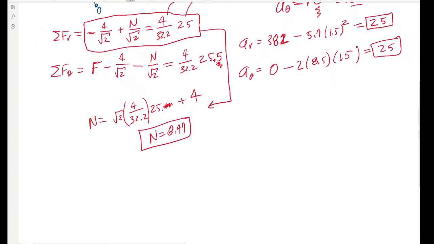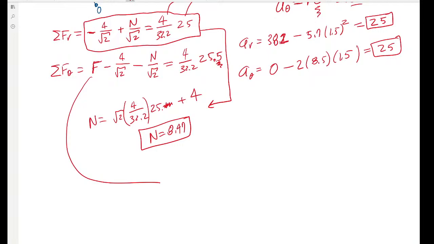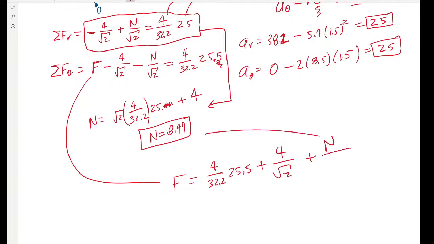Now that I have that, I should be able to grab this, move it to the other side. 4 over 32.2, 25.5, plus 4 over square root of 2, plus n, which is that, over square root of 2. And I think that's it. Now I'm just redoing this equation right here.